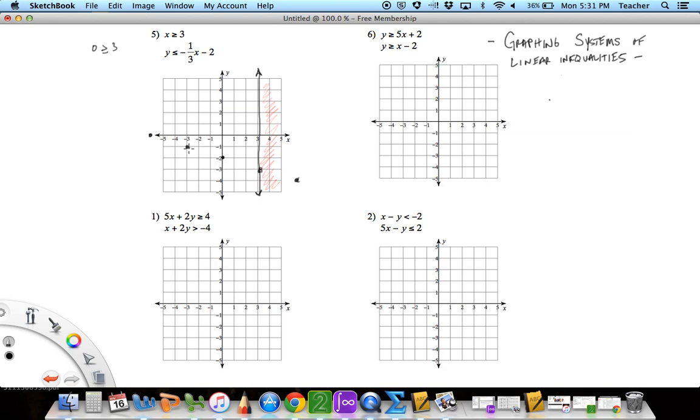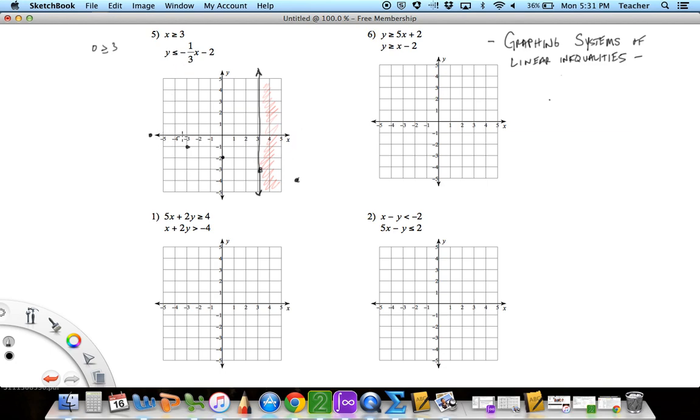I can supplement this line by going up and back here, but do not go down 1 and then back 3. That would generate a positive slope in the form of -1 over -3, which simplifies to 1/3.